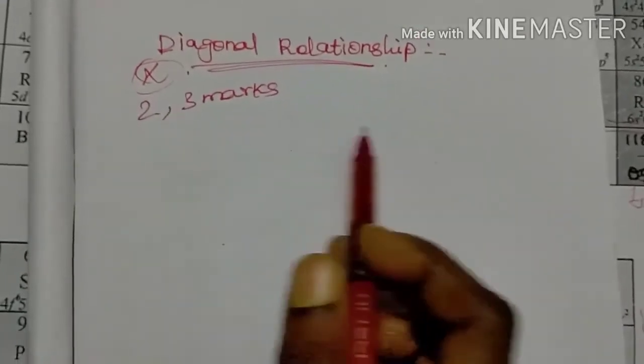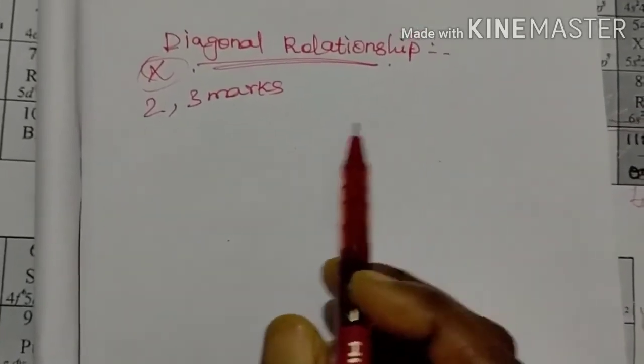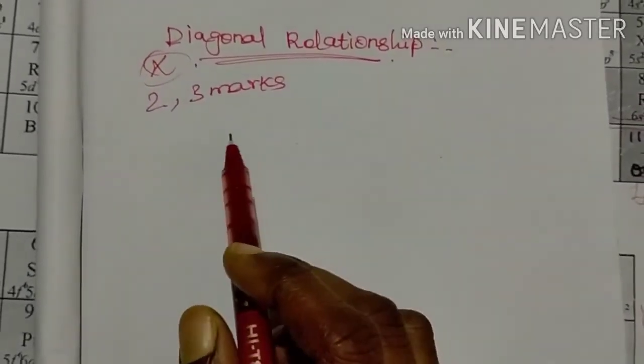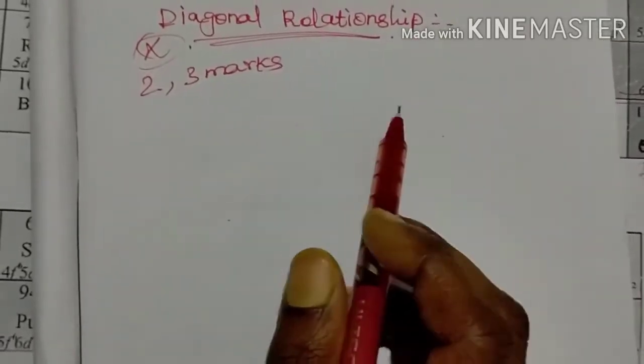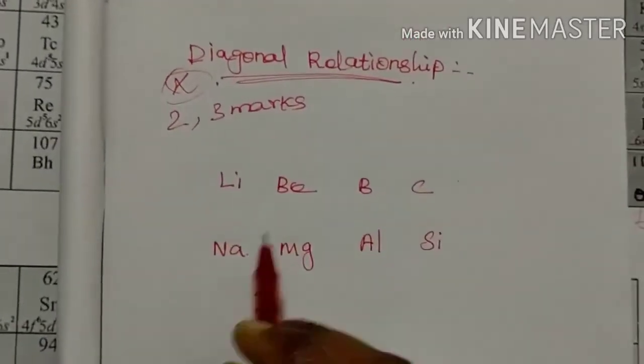This relation is known as the diagonal relationship. The elements are arranged in diagonal places and they have similar properties. This character is known as diagonal relationship.